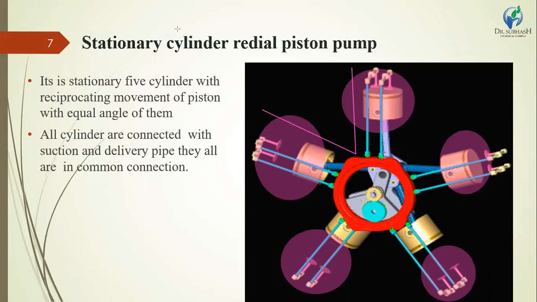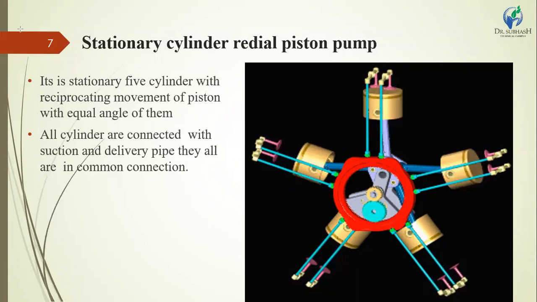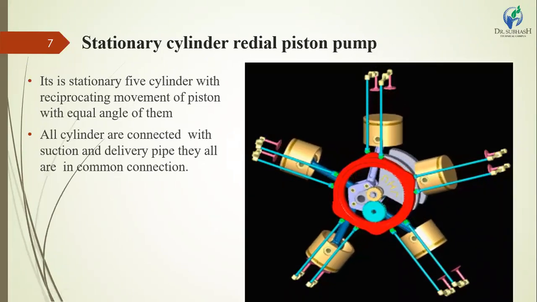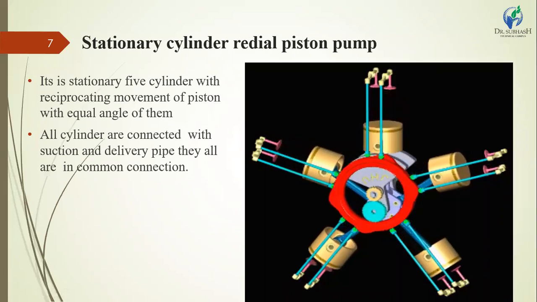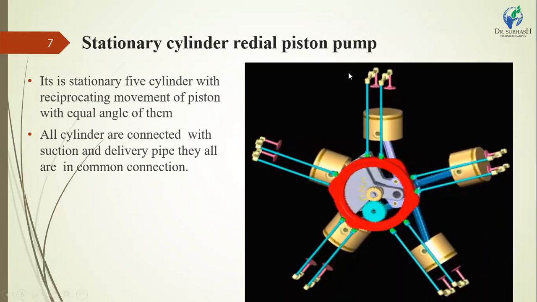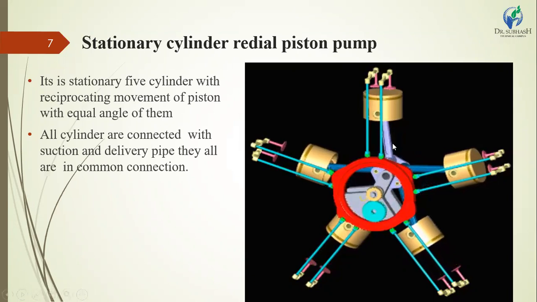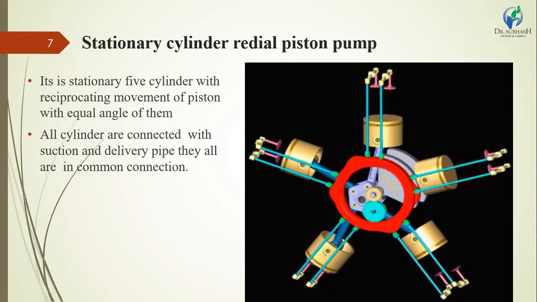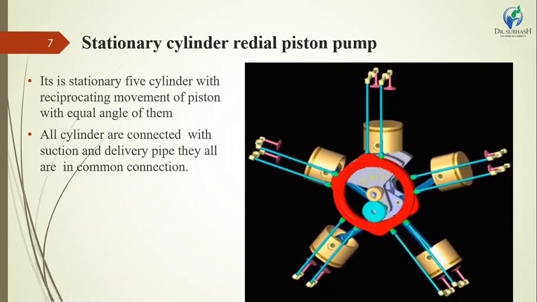The pump discharge is smooth and continuous for this type of piston pump. This is called a stationary cylinder radial piston pump. This is the animation working file so you can understand.